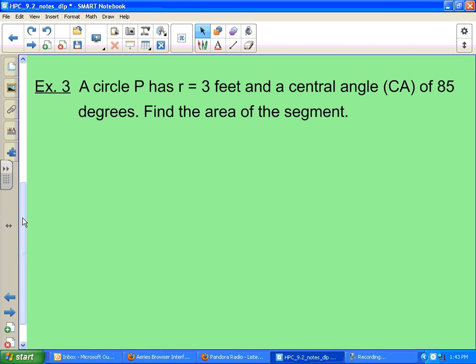Good job. And then what was it when it was degrees? Theta over 360 times pi r squared. Yep. So those are our areas of sectors, depending on if I was in radians or degrees.